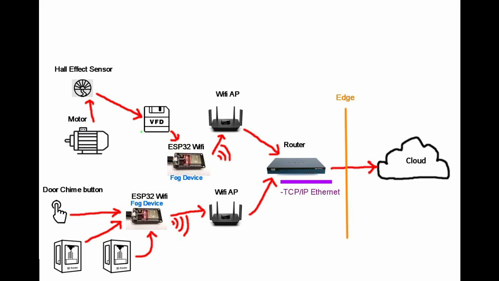The VFD should also be able to monitor the motor on time and date. Again, another fog microcontroller acts as a data consolidation point. Both branches connect via Wi-Fi to two different Wi-Fi APs. These APs are hardwired to a router with the TCP/IP protocol. The router then sends data across the edge to the cloud.